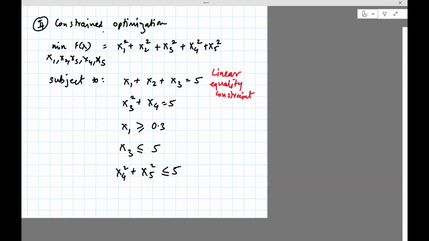If you have x1 times x2, that's non-linear because you have a product of two decision variables. So this one is a non-linear equality constraint. You have x3 square, and that causes it to be non-linear.